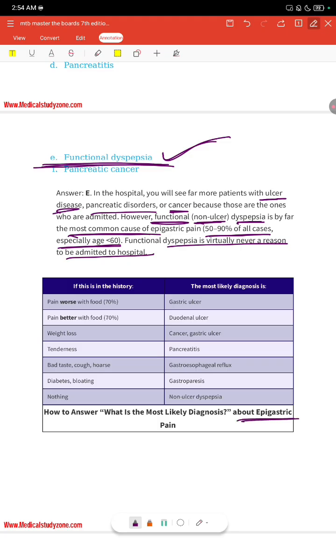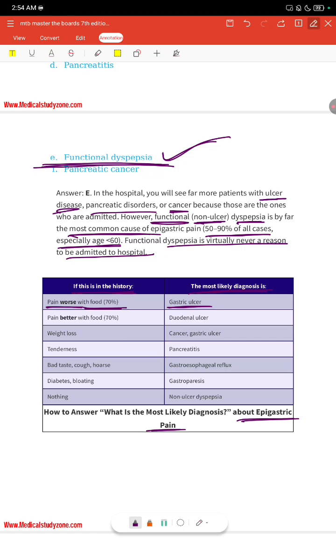So epigastric pain, if you asked about the epigastric pain, how to answer the questions of what is the most likely diagnosis, here is the chart. If this is in the history, the most likely diagnosis is these. If the pain was worse with food, in 70% cases, such patients are having gastric ulcer.